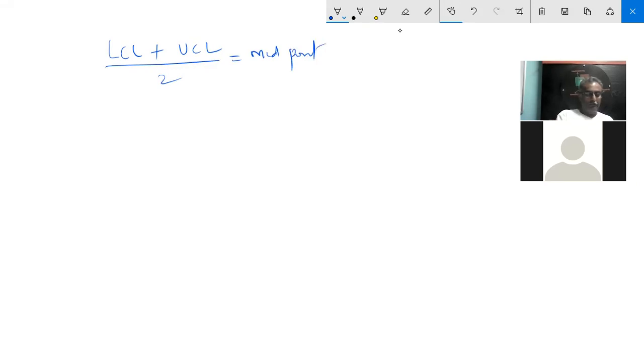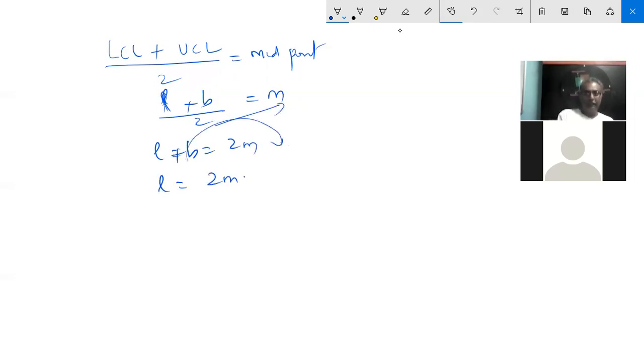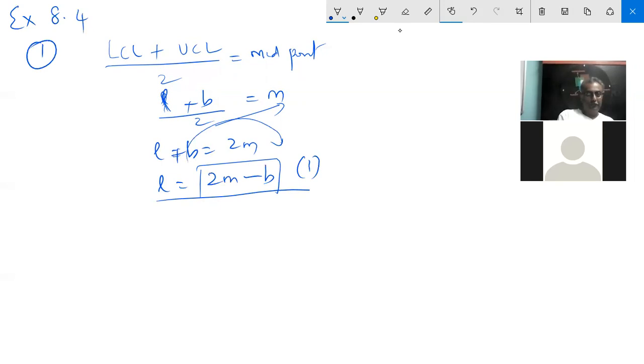Now what is given? Midpoint M is given. B, the upper limit, is given. And the lower limit is not given. So the lower limit L plus B is equal to 2M. Take this B to the other side. L is equal to 2M minus B. So which answer is correct? First one is correct.